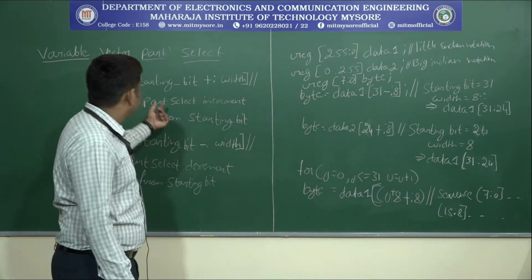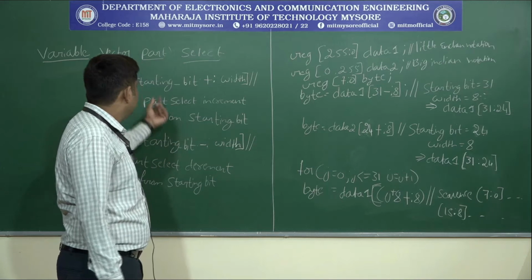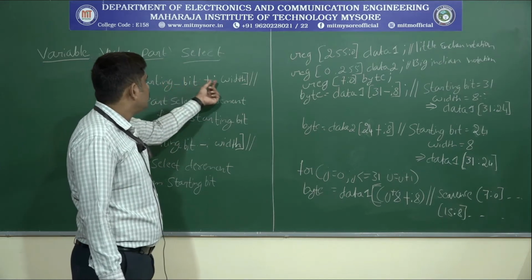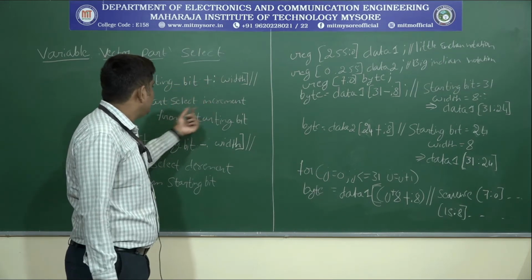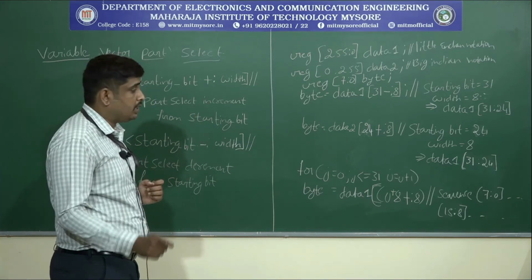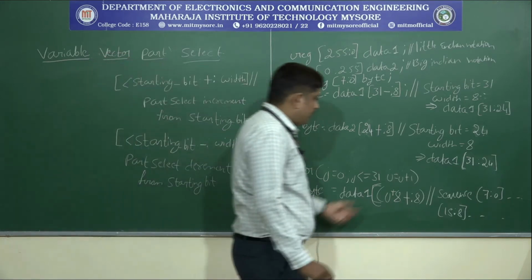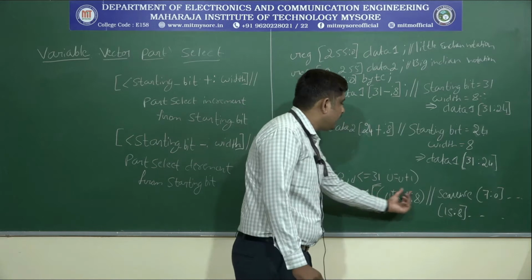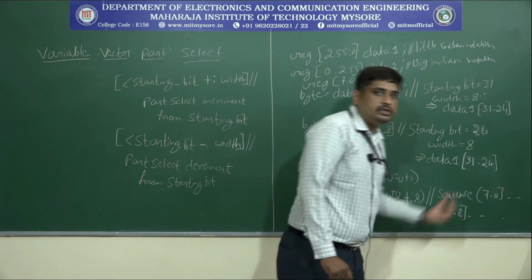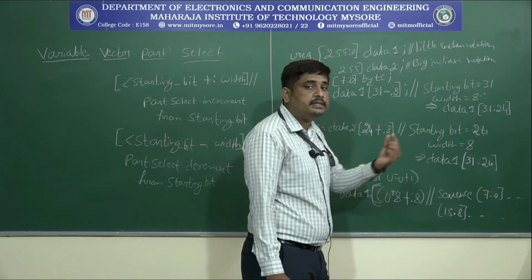Coming back to the syntax start_bit plus colon width, part select increments from the starting bit. The first selection is 7 down to 0, which indicates an 8 bit.